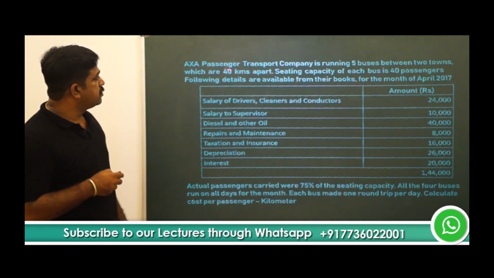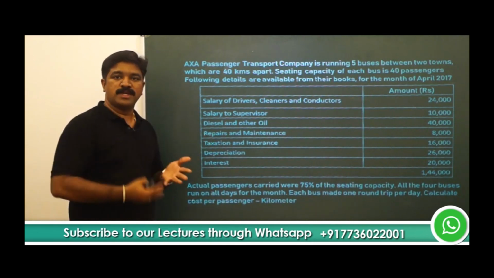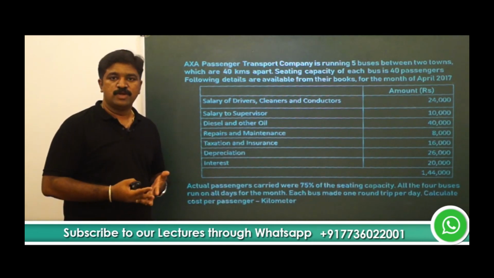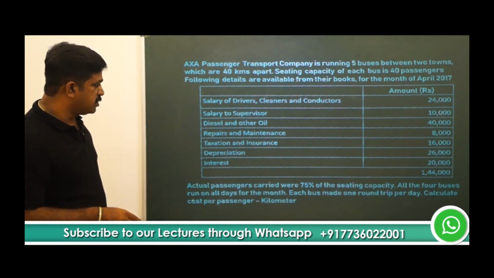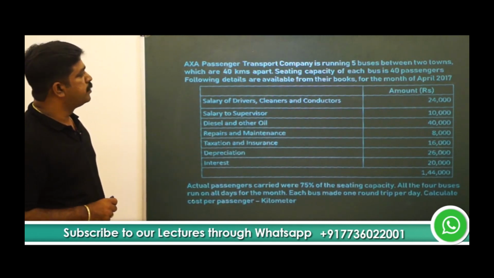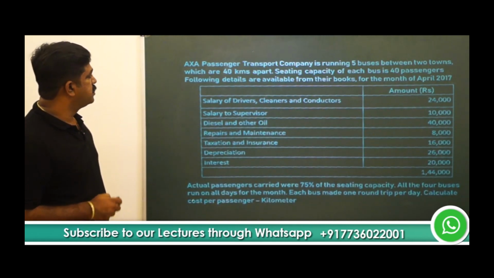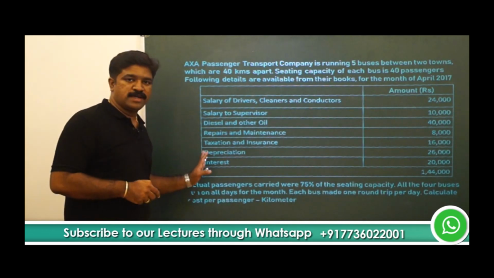And I said this is one side, right? So if you want to make it as a complete trip, you should also multiply it by 2. Then any other information? Buses are running on all the days and each bus is making 1 round trip. 40 passengers are there, 40 kilometers. Okay, fine. So we have all the critical information.